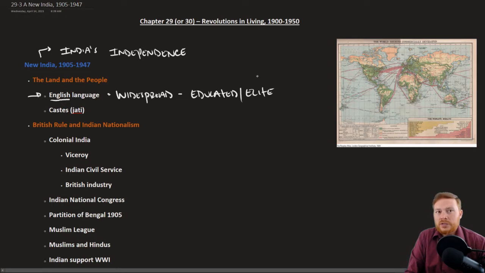However, there were certain aspects of Indian culture and society that were not as affected by Britain's presence. One good example was the caste system, sometimes referred to as the jati. A caste is kind of like a social community in some ways. A lot of it was based off of occupation or job.